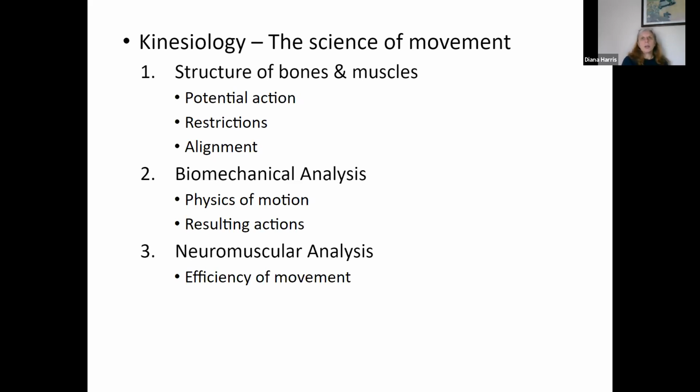And for motion to occur in one group of muscles, another group of muscles has to let that action occur. And that's a whole concept we're going to be looking at because all muscle groups operate in pairs. So for instance, if we talk about your arm, right?